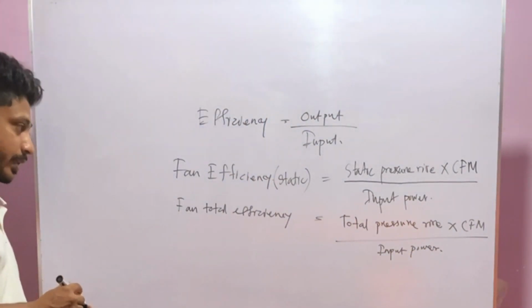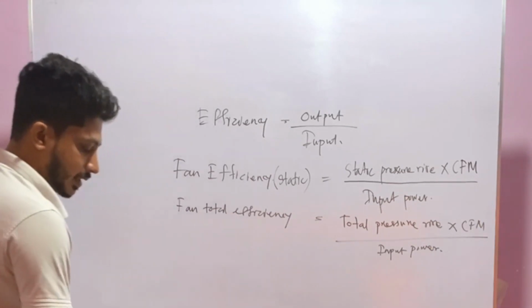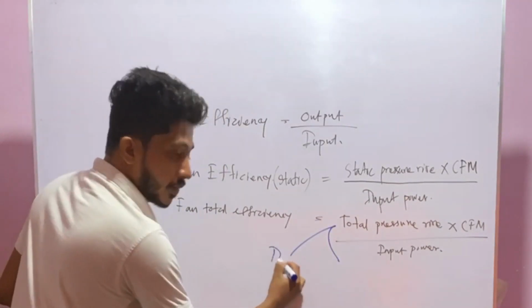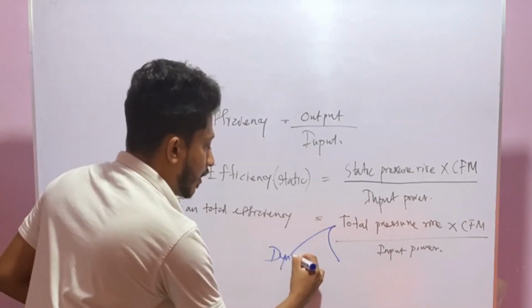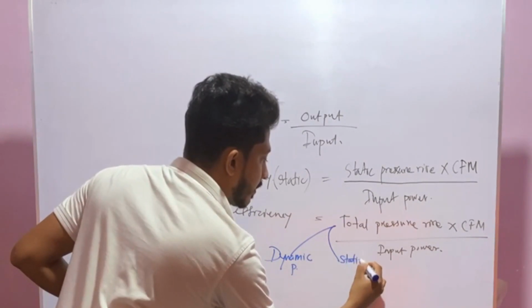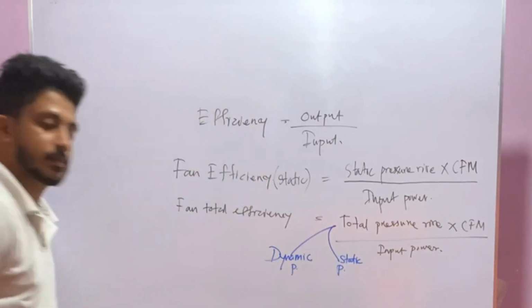So in this total efficiency, what is total pressure? You know that the first one is dynamic pressure, and the second one is static pressure.